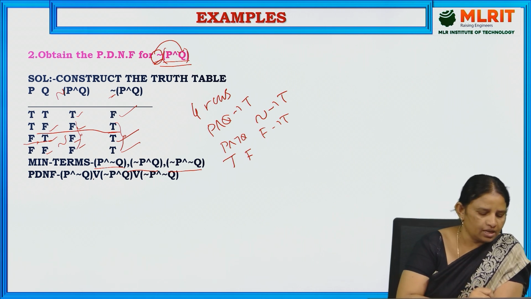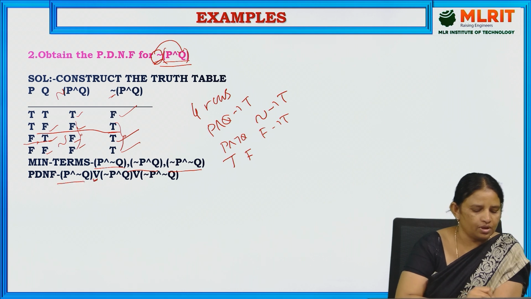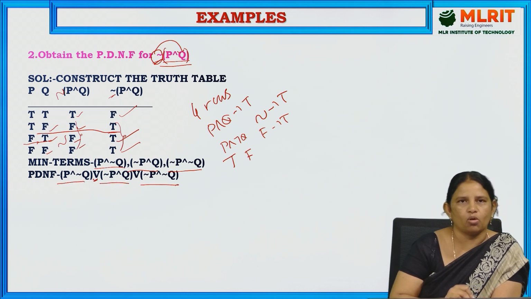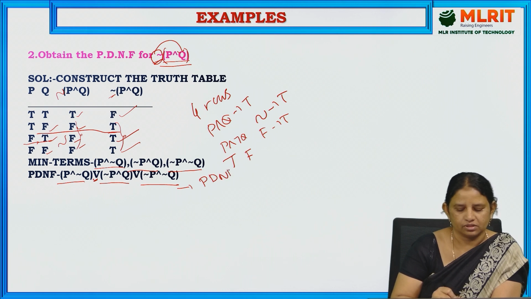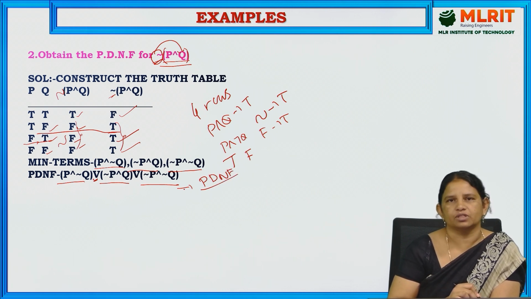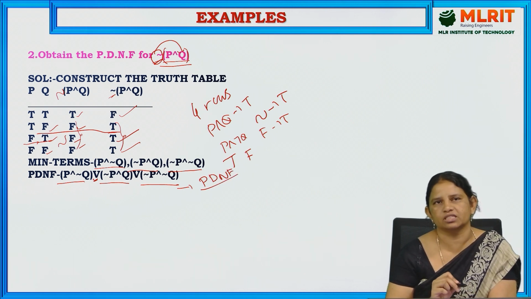Use the sum symbol to combine all the minterms. This is the required PDNF, and this is the format of PDNF. That is the second example.